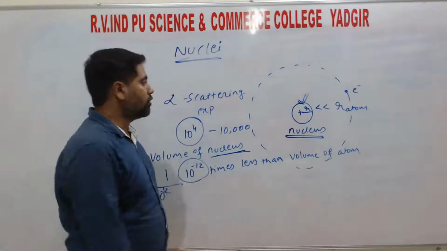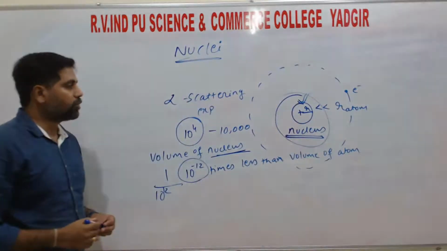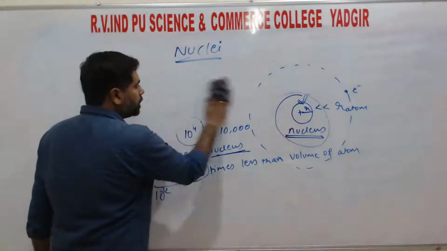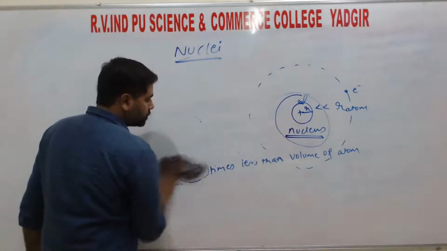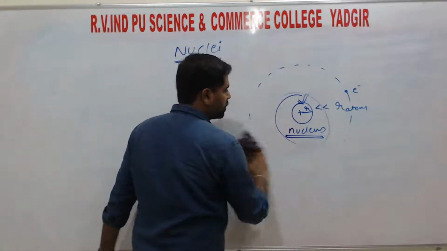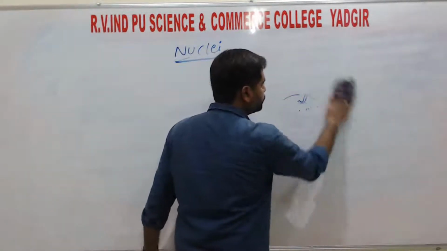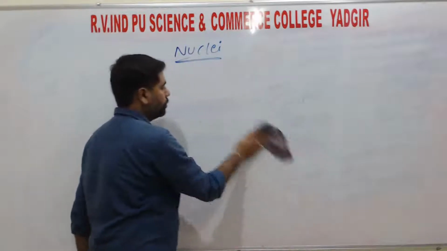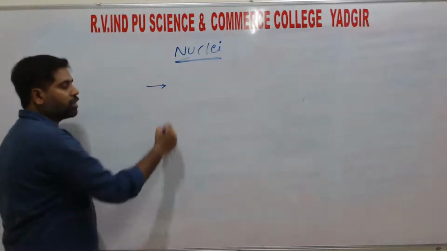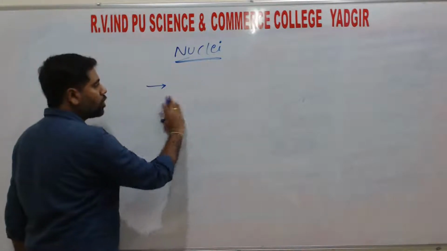So in this chapter we are only concentrating on this nucleus, right? We are going to study the characteristics or properties of the nucleus. That's why the chapter name is given as Nuclei. The topics we are studying are the characteristics or properties.